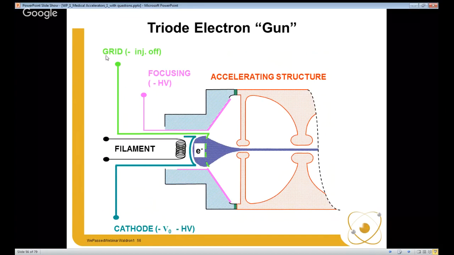So a triode gun is more expensive, much more involved to manufacture, but it has this ability to turn the electron beam on and off extremely rapidly without changing the temperature of the cathode. So I can turn it on and off and turn it on and off and turn it on and off and have the fluence be the same each and every time.